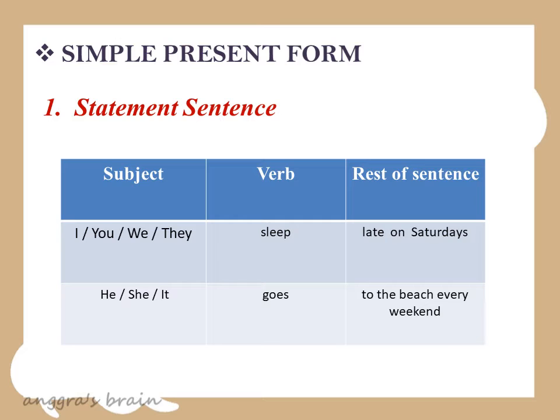As you can see, the subjects are I, you, we, they. We will add the verb in the infinitive form. For the subjects he, she, it, we add the verb ending with es or s.